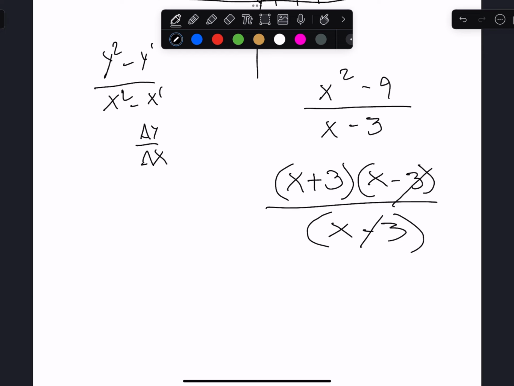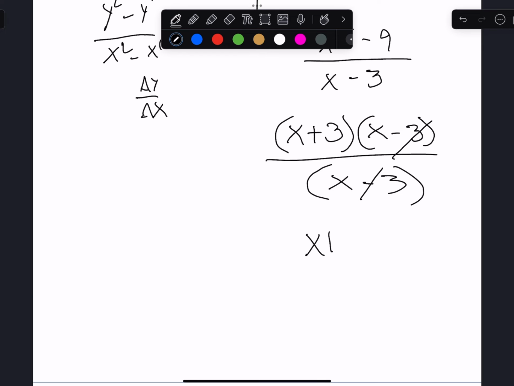The x minus 3 factors cancel each other out. X plus 3 is what we have left. Now all we simply do is input our x, which is 3. So 3 plus 3, which equals 6. So our slope for f of x equals x squared at the point 3, 9 is 6.